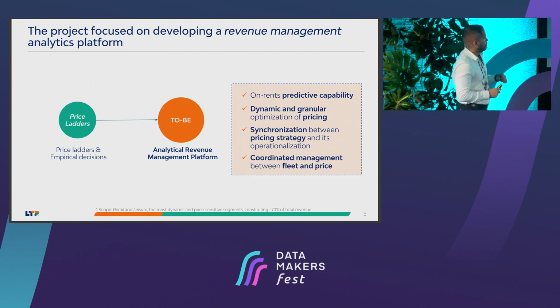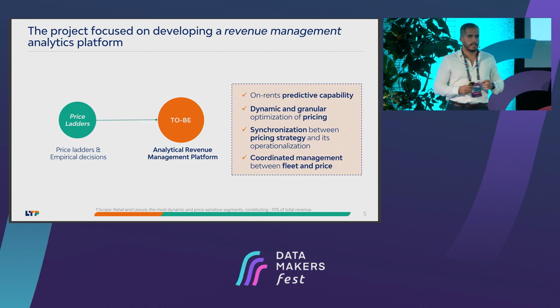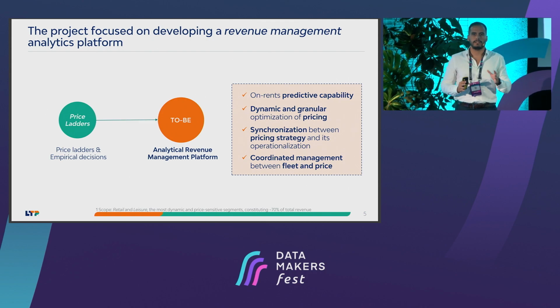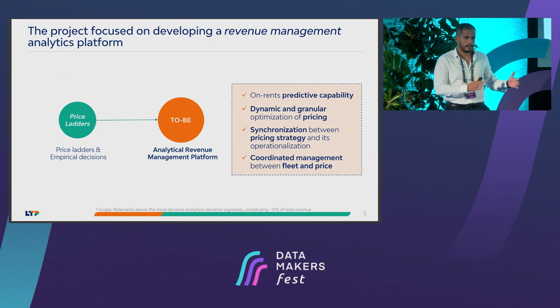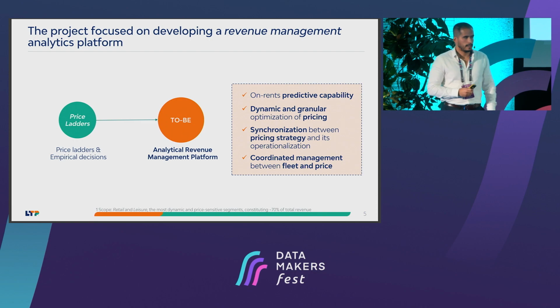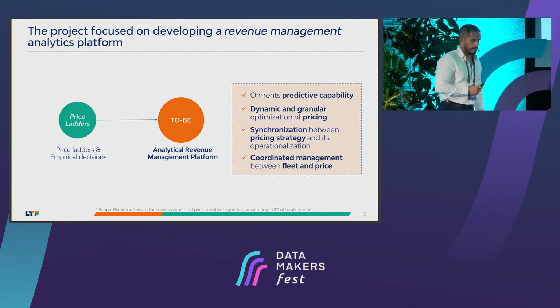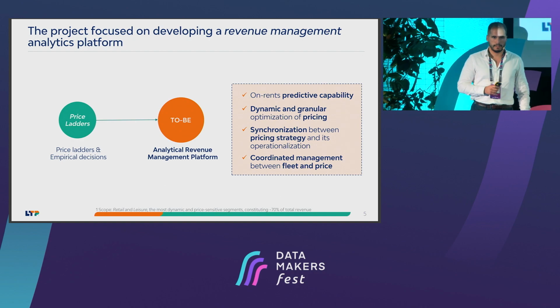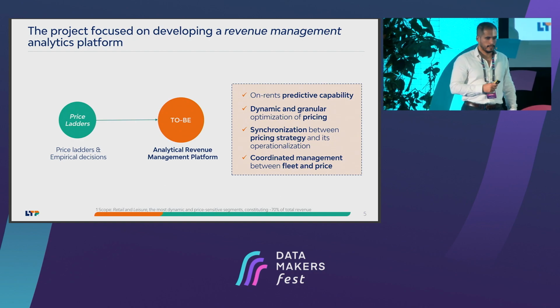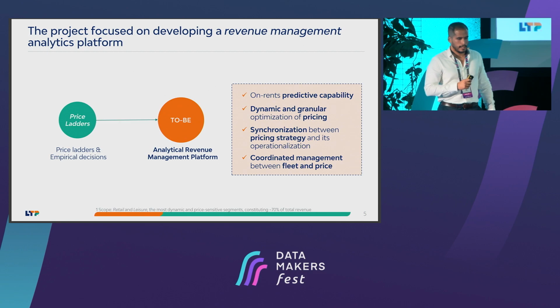In this case, what we call an analytic revenue management platform that integrates both the fleet decision, like changing cars between different stations, and also optimizing the price along the way, like setting the price at the optimal point for increasing revenue and profit in the near future.